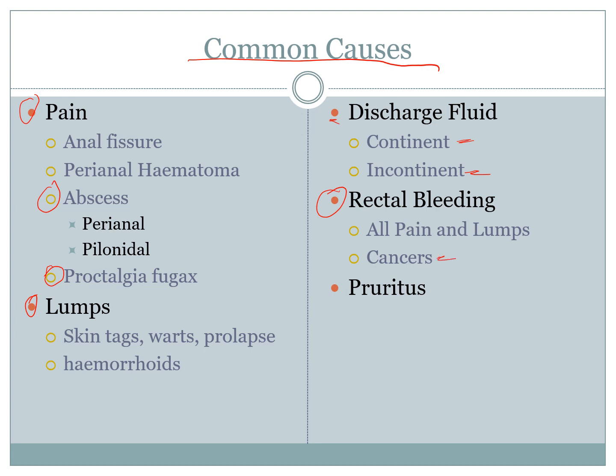Now, unfortunately, it can be cancer, okay, but most of the time it's something else. So you need to have that investigation of what's actually causing it and make sure you don't dismiss it all without a decent consultation.